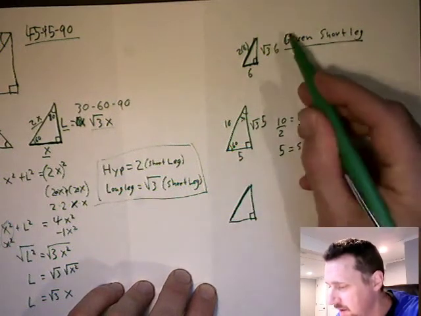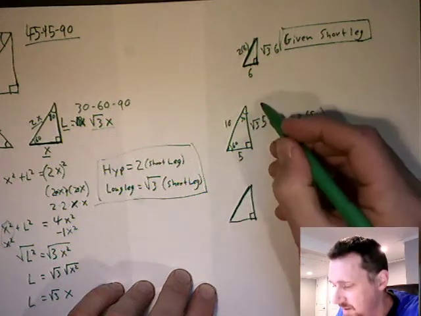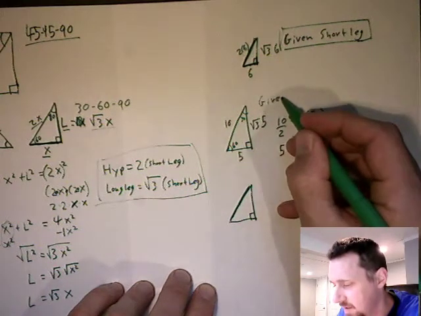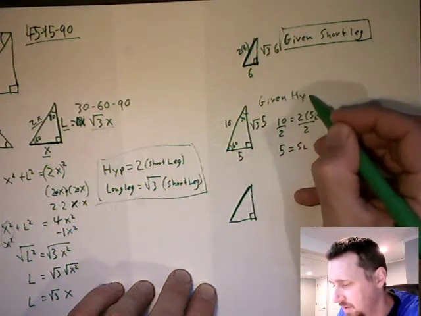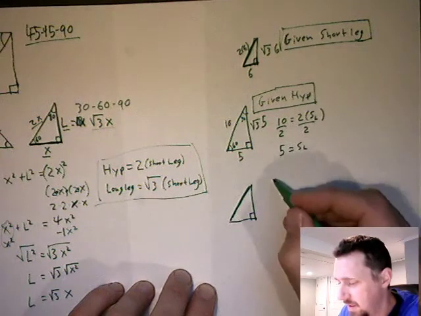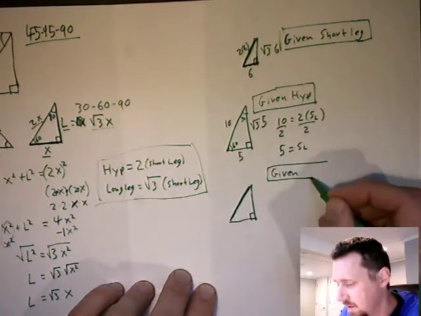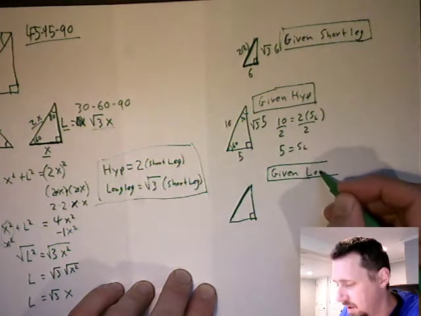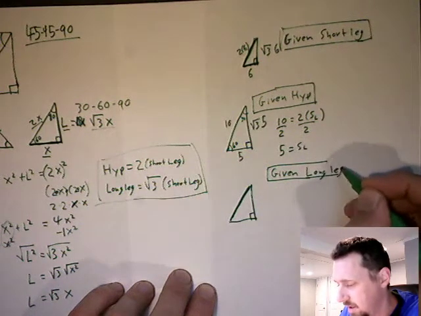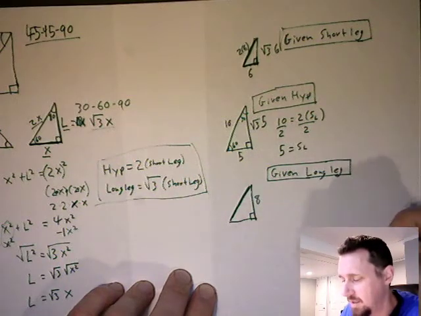This is if we are given the hypotenuse. And what happens if we are given the long leg?